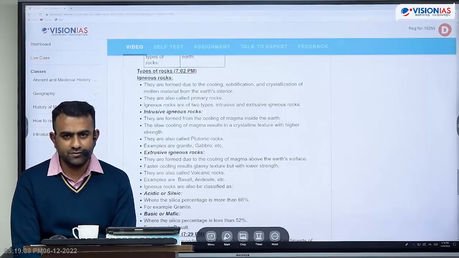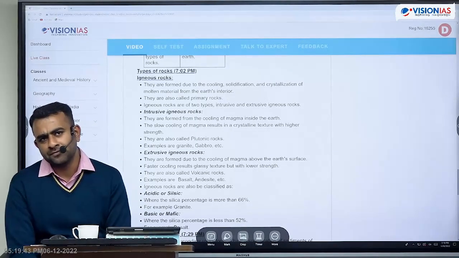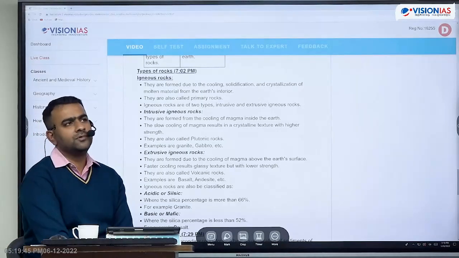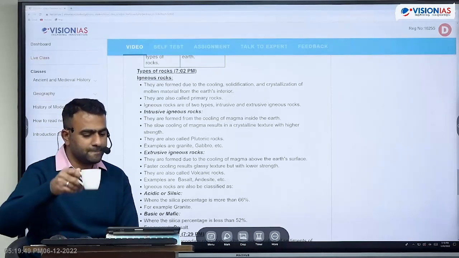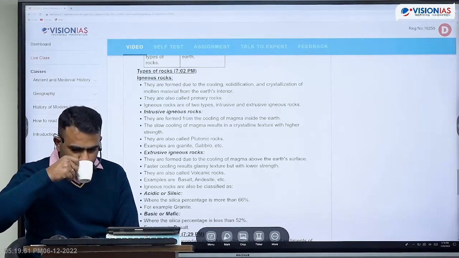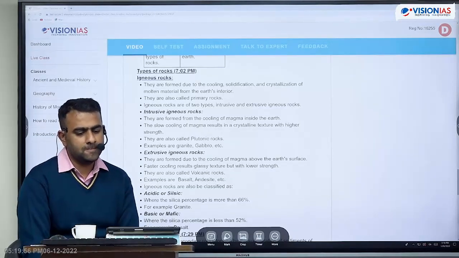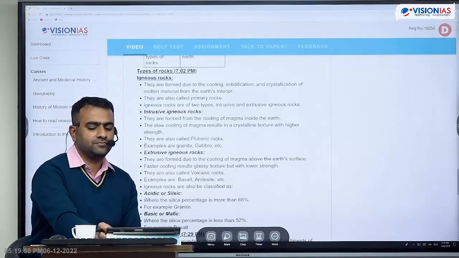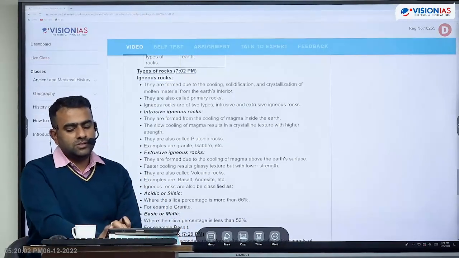Intrusive is harder in strength, extrusive is not very hard. Examples of intrusive: granite, gabbro. Extrusive: basalt and andesite. ठीक है, good.